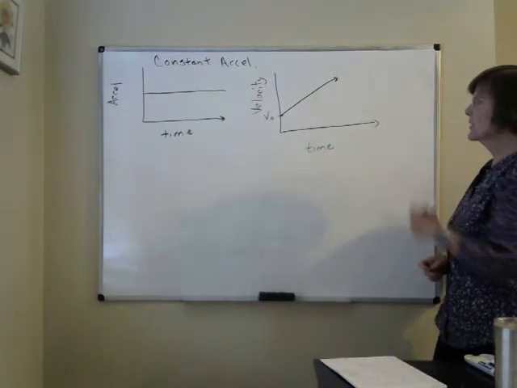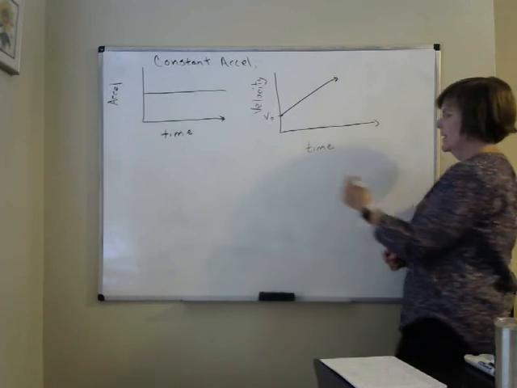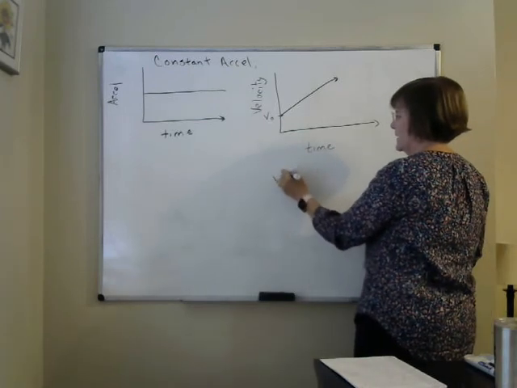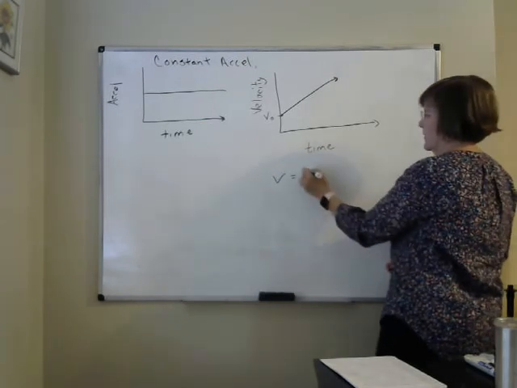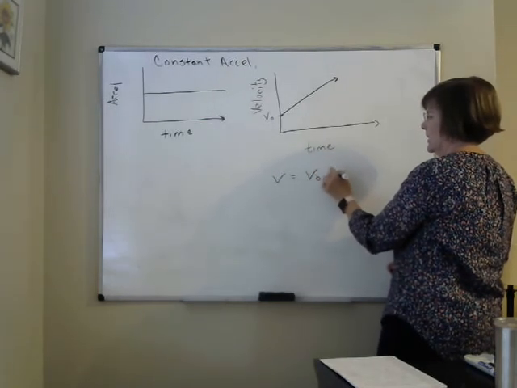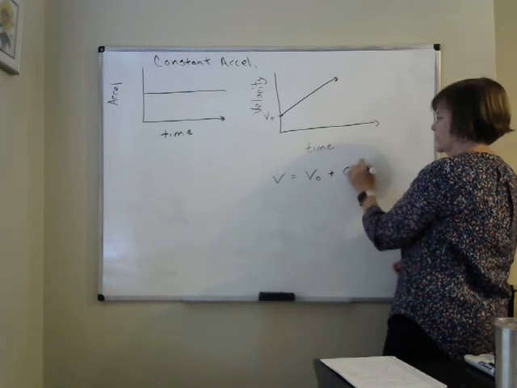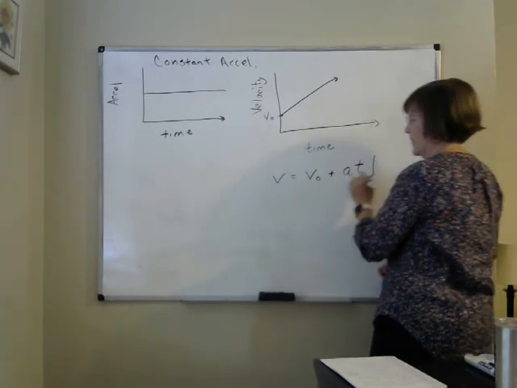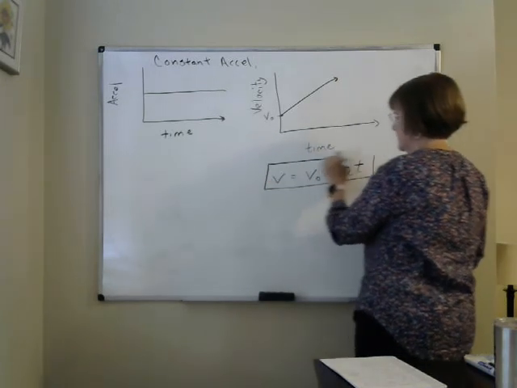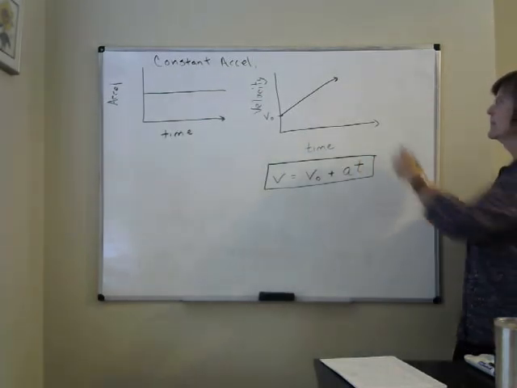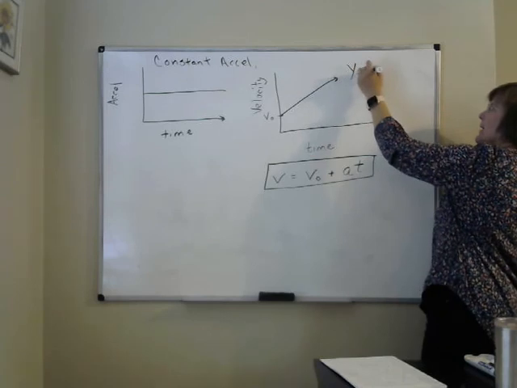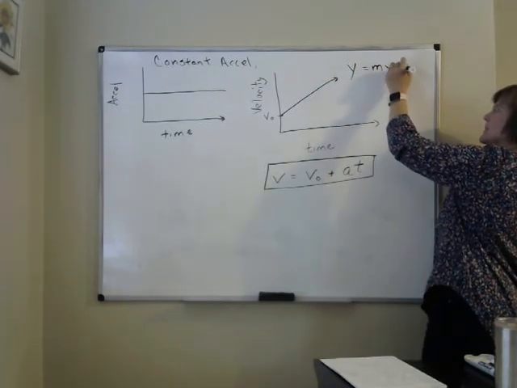I can write an equation for that. That would be v, the velocity at any given time, equals v0 plus the acceleration times the time. How did I know how to write that so easily? y equals mx plus b.